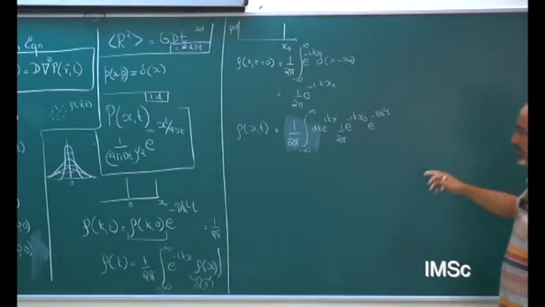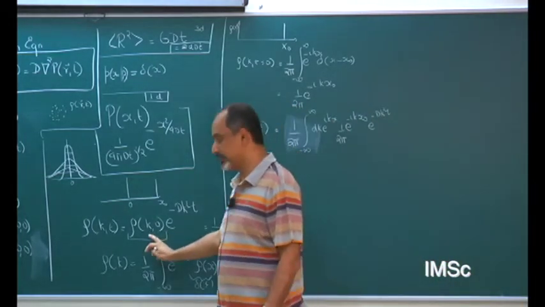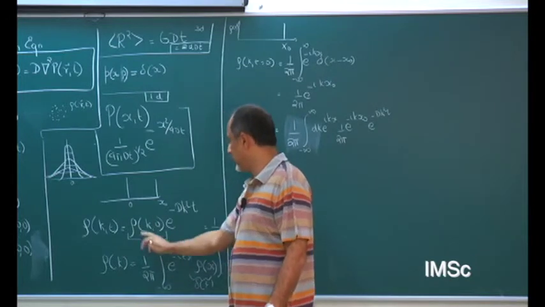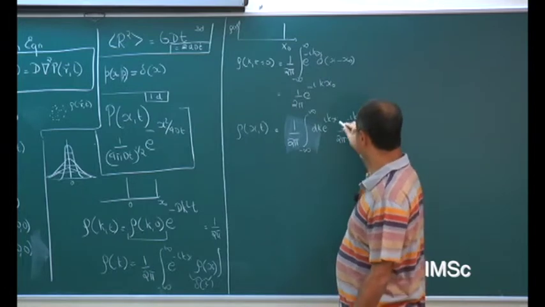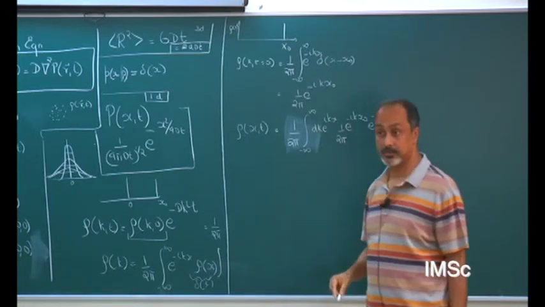This is just going back to real space from an expression like this, having substituted the form of rho k comma 0 as this one. Is that clear?